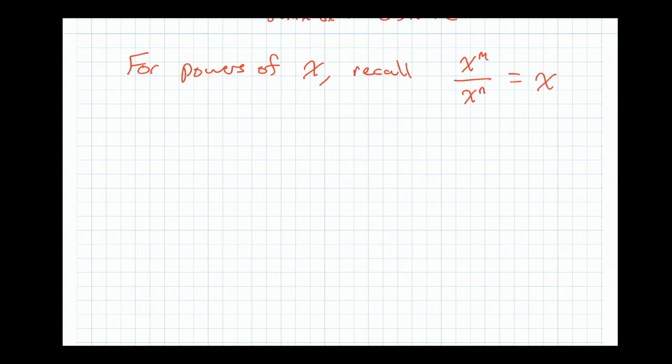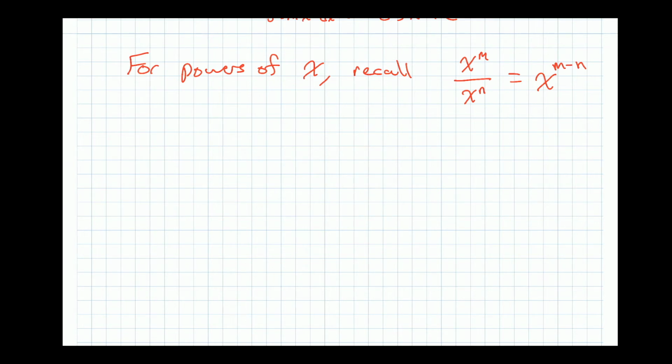Now you're also going to have to simplify a lot of powers of x. So for powers of x, recall this kind of thing. If you have x to the m over x to the n, that's x to the m minus n, right? And you're going to use that a lot.